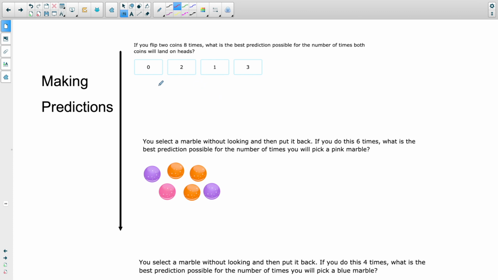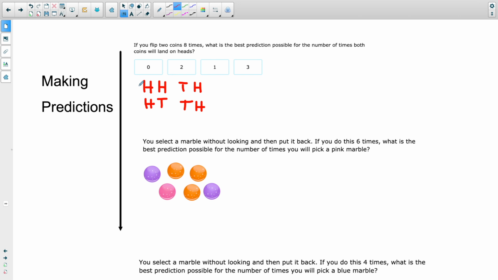I could have heads, heads. I could have heads, tails. I could have tails, heads. And I could have tails, tails. Those are the different options that I could have.